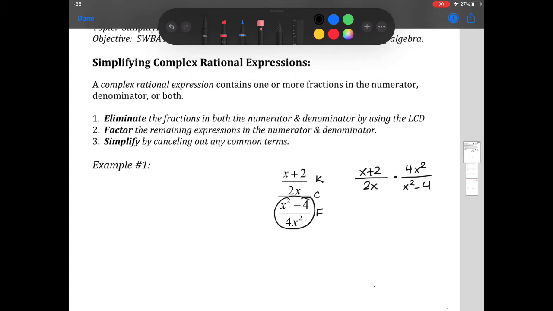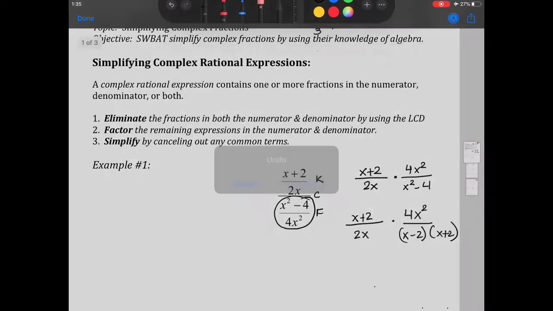So now simplify it. Before I cancel it, I want to make sure that they are all simplified first. So I'm going to factor it out. I can't really factor the 2x, can't factor the 4x squared, but I can definitely factor this: x minus 2 and x plus 2. And now cancel some.